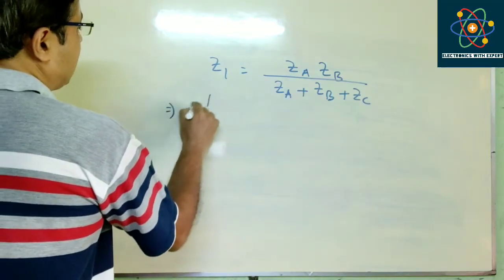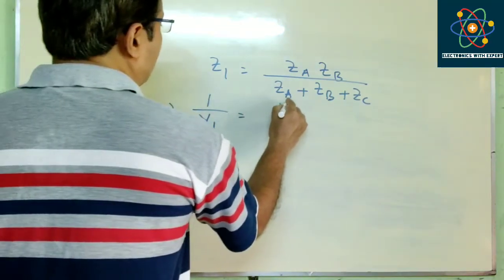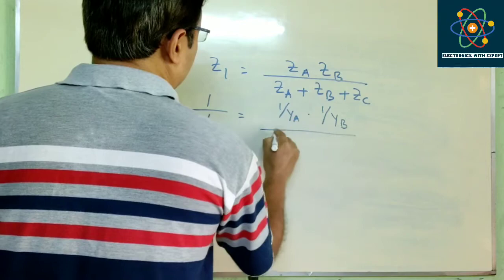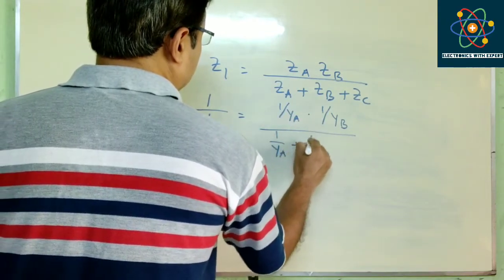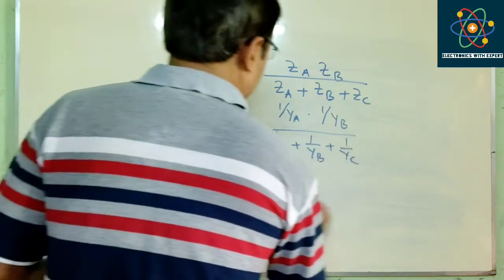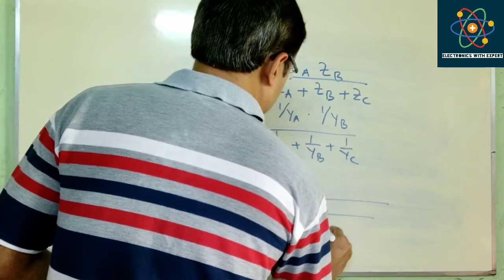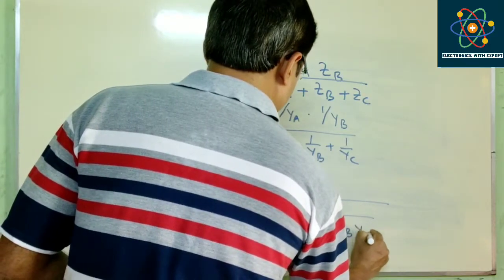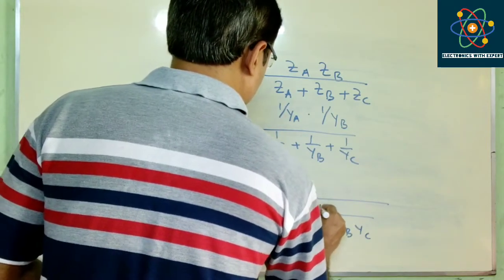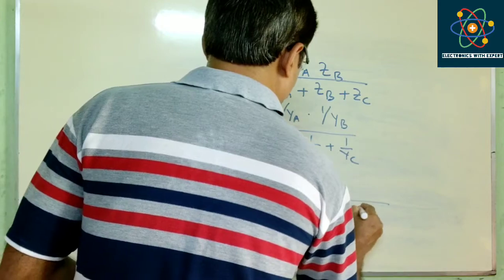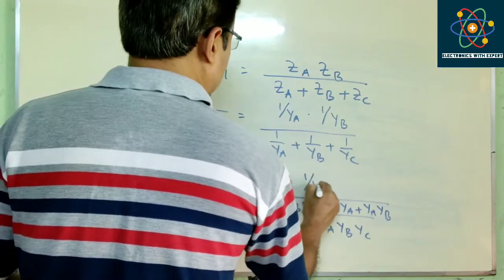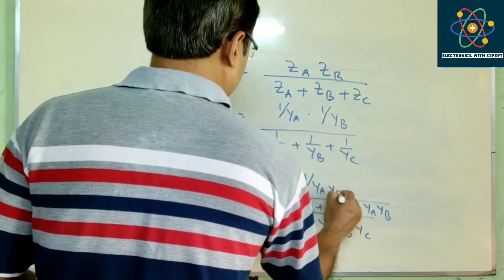So I can write 1 by Y1 equals 1 by YA into 1 by YB whole divided by 1 by YA plus 1 by YB plus 1 by YC, and then in the denominator it will be YA YB YC, and in the numerator it will be YB YC plus YC YA plus YA YB, and here it will be 1 by YA YB.